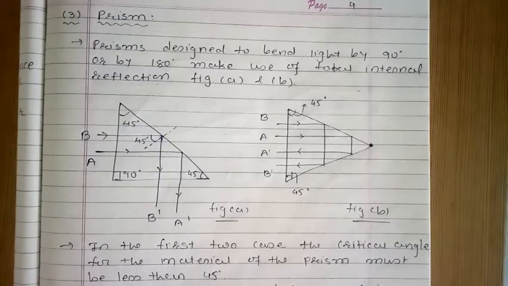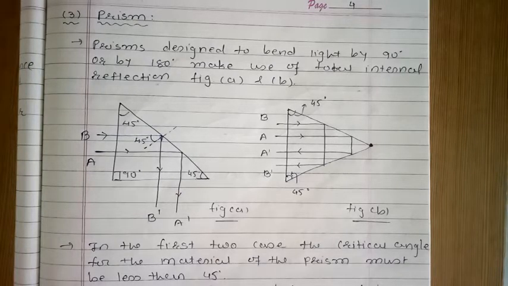So we can say that prisms are designed to bend light by 90 degrees or by 180 degrees to make use of total internal reflection. In this case the critical angle for the material of the prism must be less than 45 degrees. So if you want to bend light by 90 or 180 degrees, you have to use a prism material having a critical angle less than 45 degrees, right?